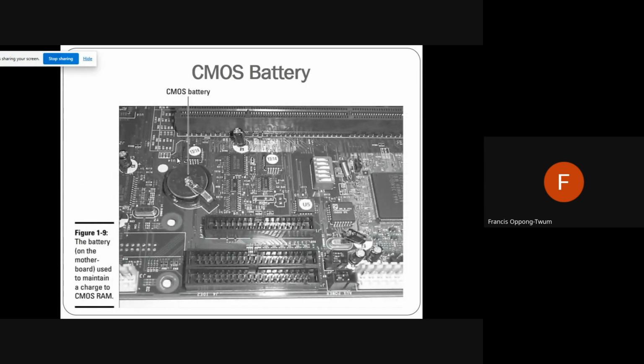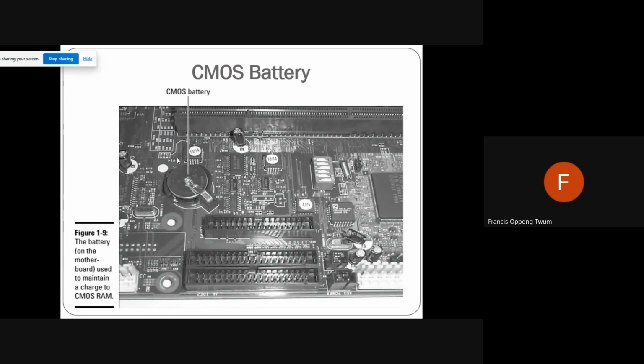If you look at the typical motherboard I've shown you, this is the CMOS battery. One purpose of the CMOS battery is that it also holds the date and time. If you look at the date and time on the screen, it's being held by the CMOS battery.